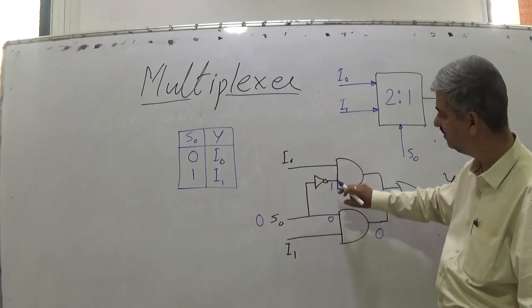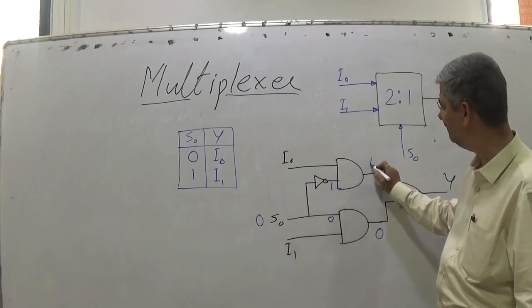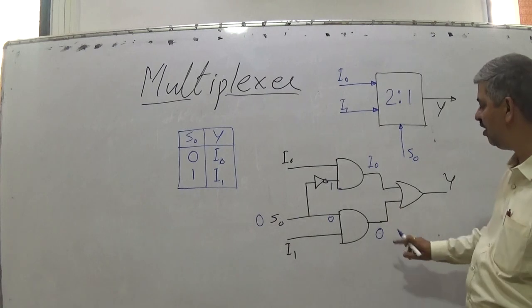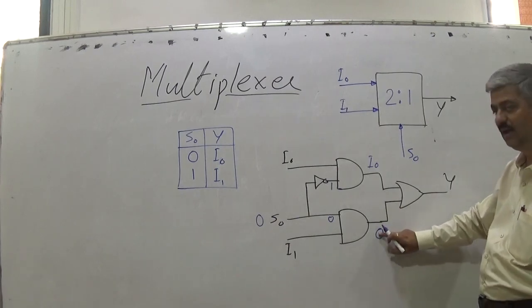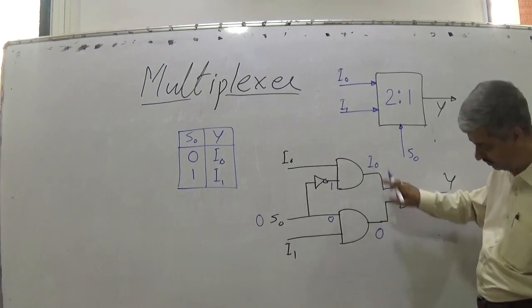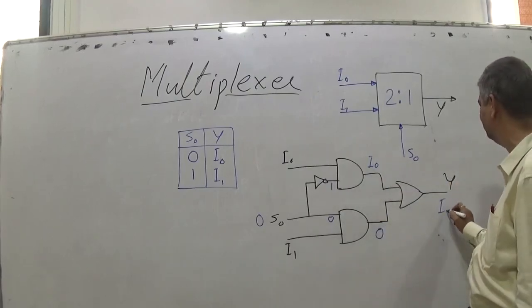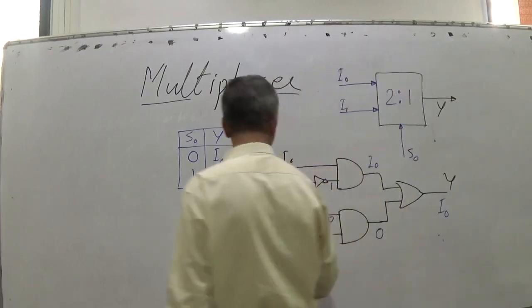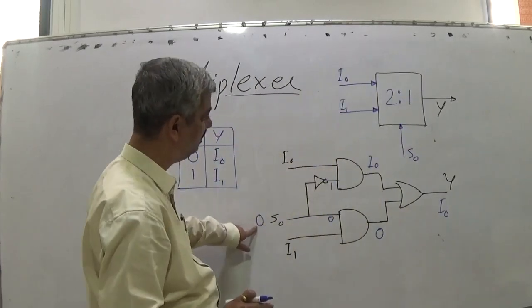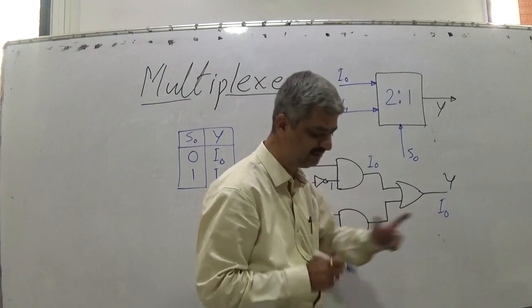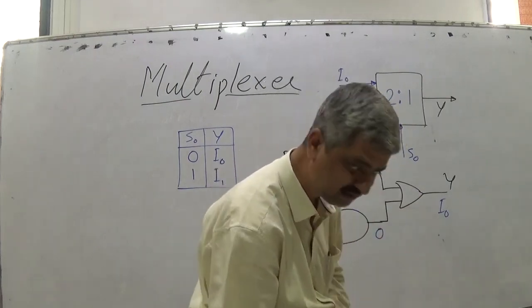In this case, this is 1, so ANDing would give I0. So for this OR gate, 0 is one input, I0 is the other input. So what is the output? I0. So when S0 is 0, the output is I0.